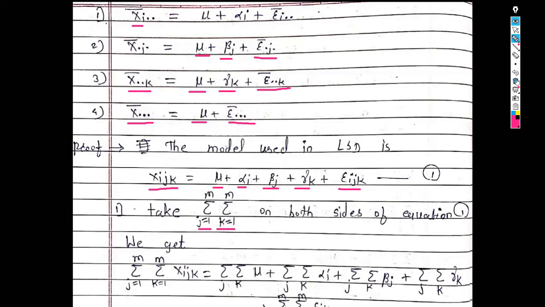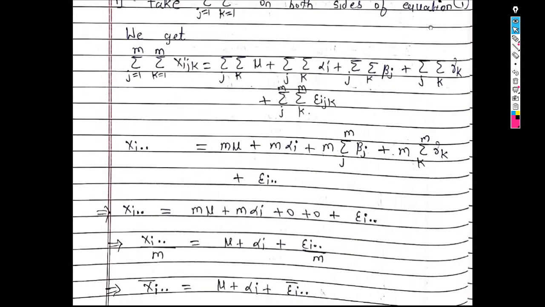In the next step we get summation over j, summation over k, x ijk equals summation over j and k of mu plus alpha i plus beta j plus gamma k plus epsilon ijk.